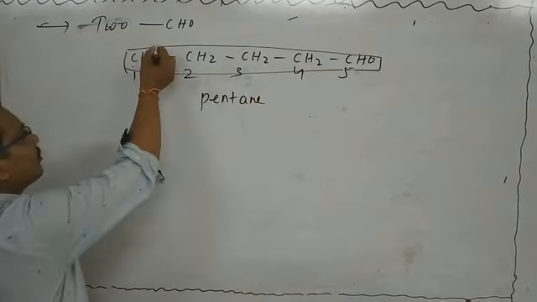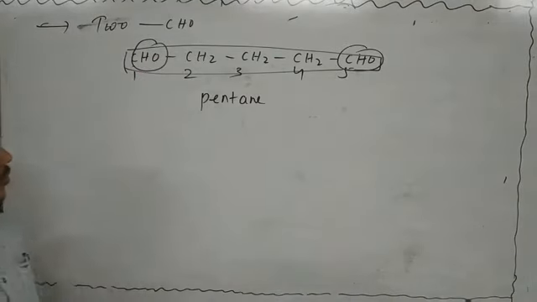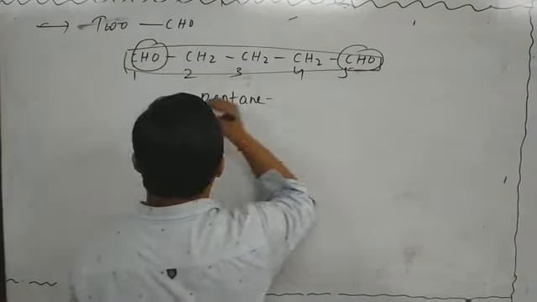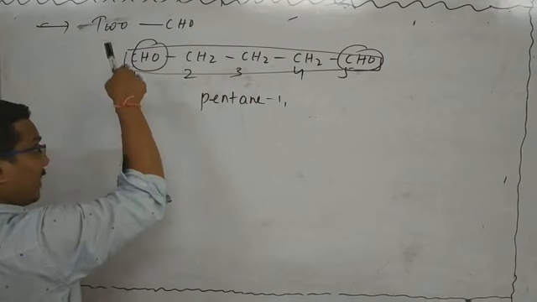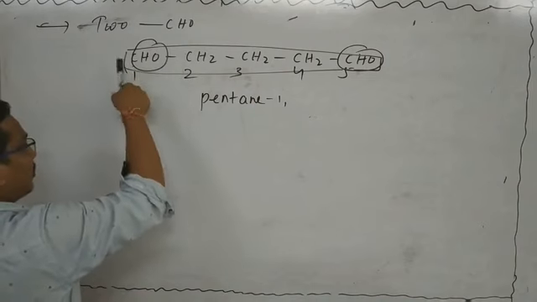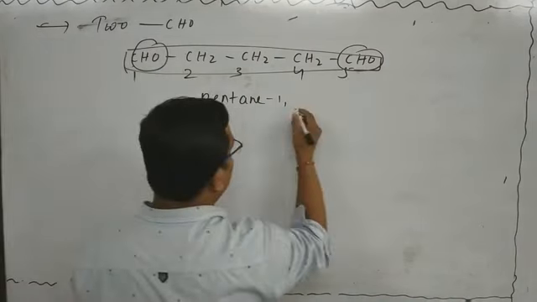Remember, here 2 CHO groups are present. So we can write one CHO as 1, and the other is 5. So we can write 1,5-dial.